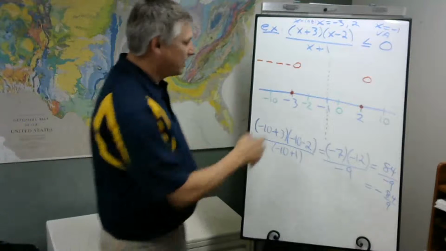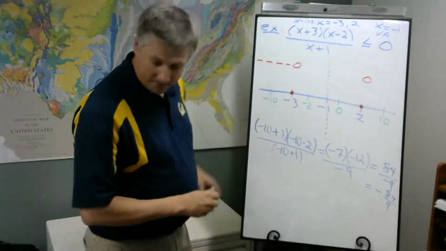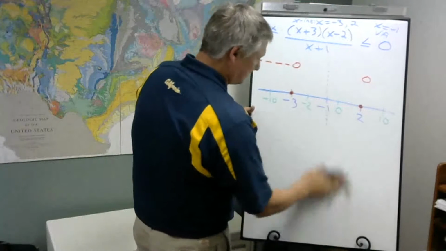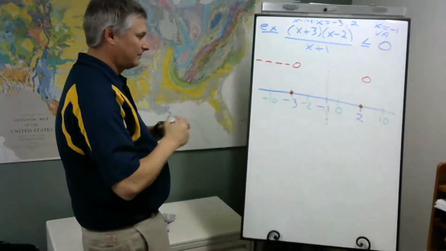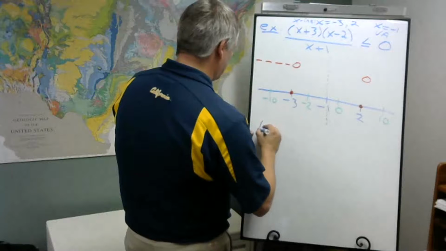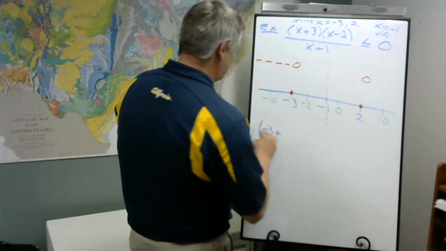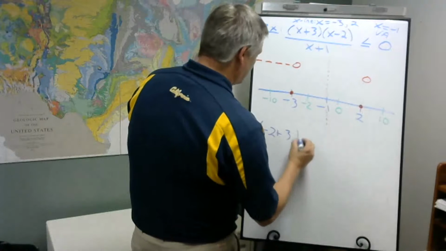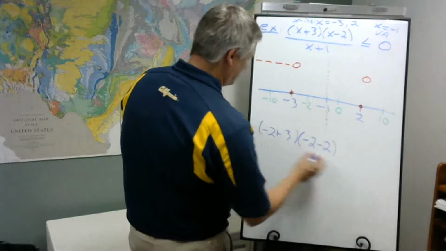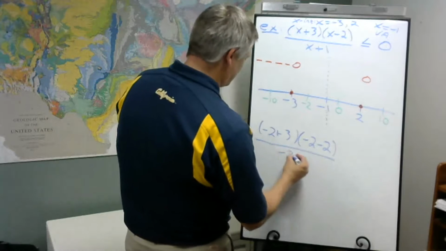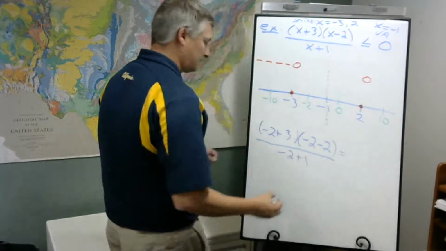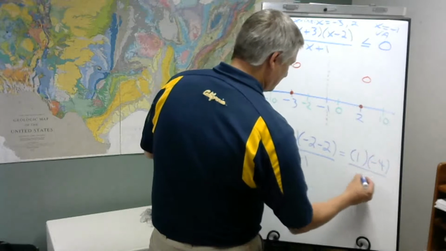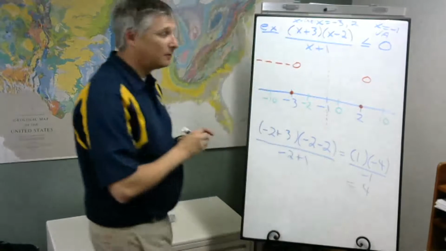All right, so let's see what's going on between -3 and -1. Oh, we'll use -2 as our test point. And this will come out to +4.